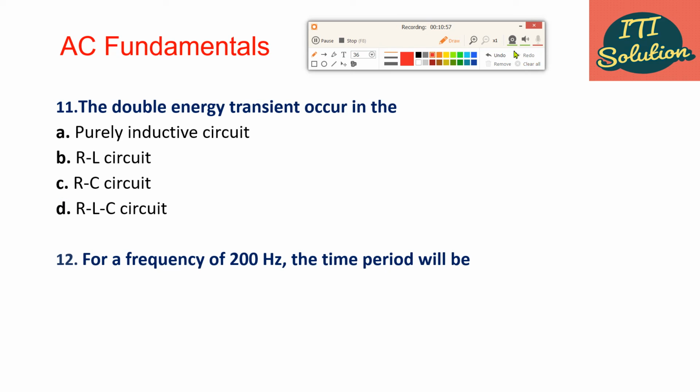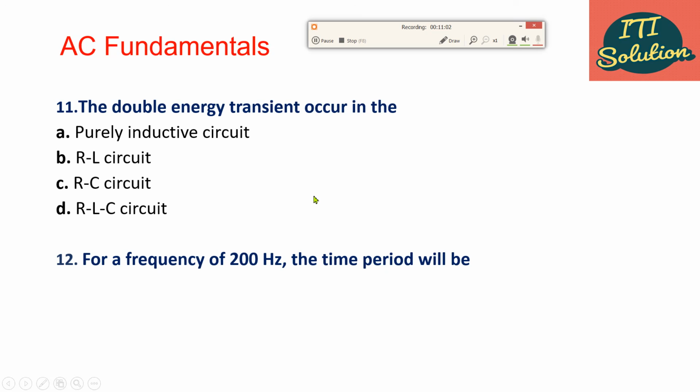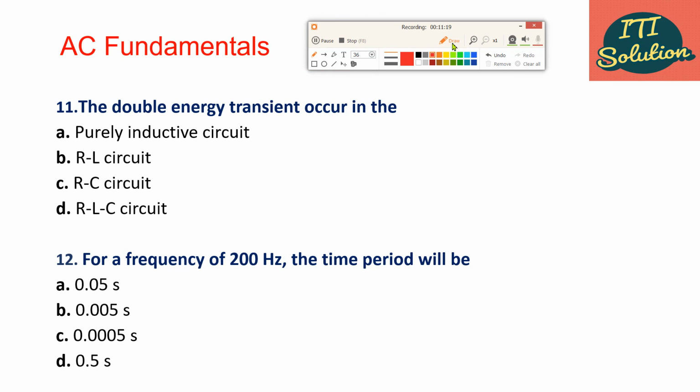Clear? Next question. For a frequency of 200 Hz, the time period will be option A 0.05 second, option B 0.005 second, option C 0.0005 second, and option D 0.5 second. Correct answer is option B, 0.005 second. How?